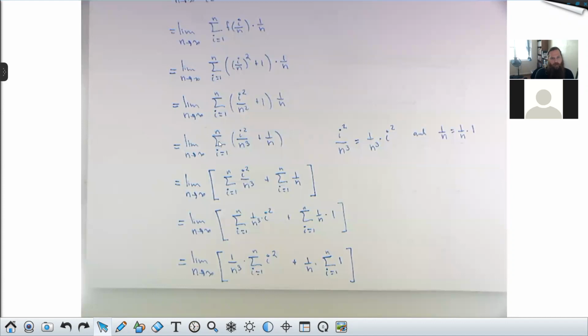I know that if I just had the sum of i squared, how to handle that, so I'd love to get everything else out of there. I know that if I just had the sum of 1, I know how to handle that. So that tells me to split this up, pull the n cubed out here, pull the n out here. Doing all of that gets me here. Questions so far? This is all the hard work. All the hard work is done.